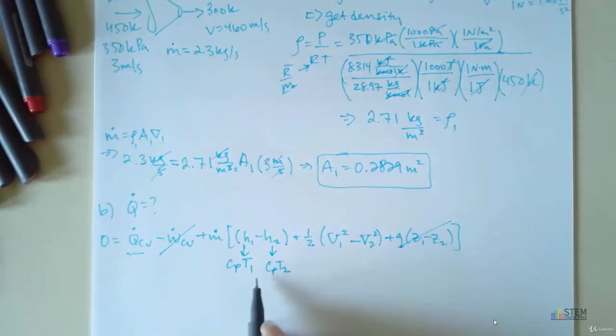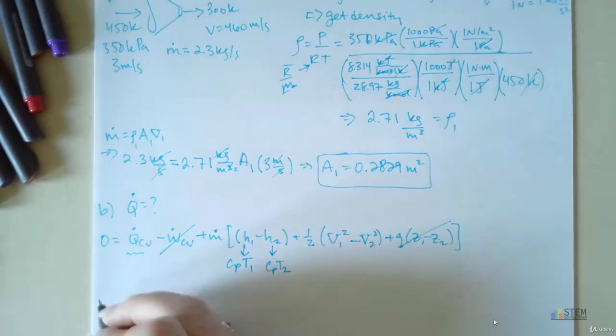So these are 2 other equations you can use for H. If you're given the specific heat value, you don't have to go to the table and find the H values. You can just use this expression here. All right. In this problem, because we do have an ideal gas. Now, with that, let's go ahead and plug in our numbers.